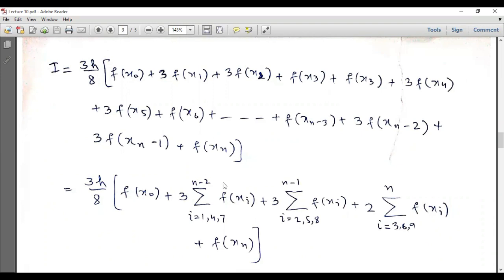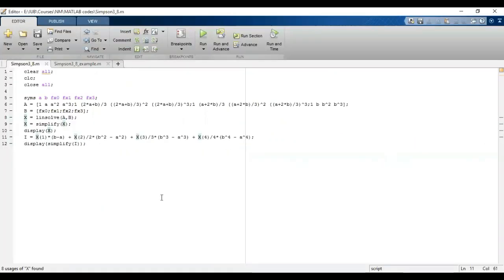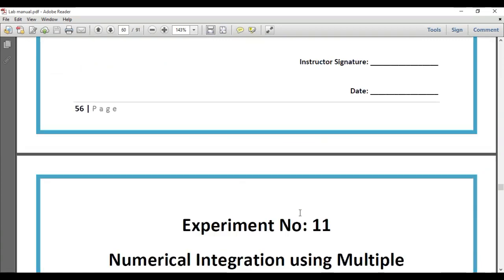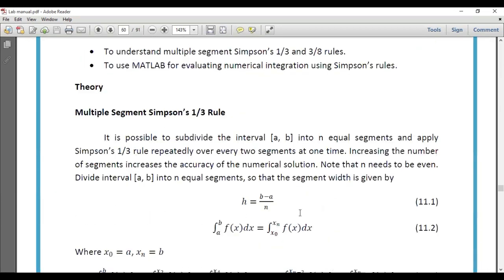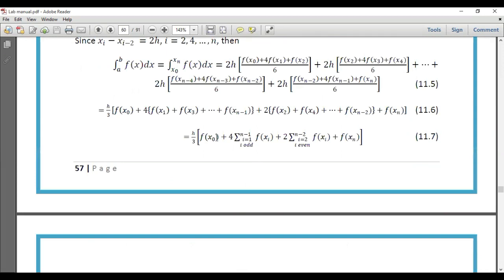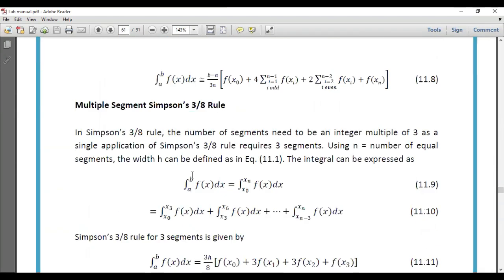So by using Simpson's 3 by 8 rule, we can evaluate integrations, and I have done it by using MATLAB. This has also been discussed in this lab manual, and here we have examples. This is the example of Simpson's 1 by 3 rule, and here you can see we have h over 3. That's why this rule is called Simpson's 1 by 3 rule.